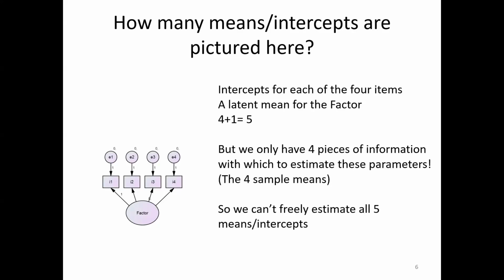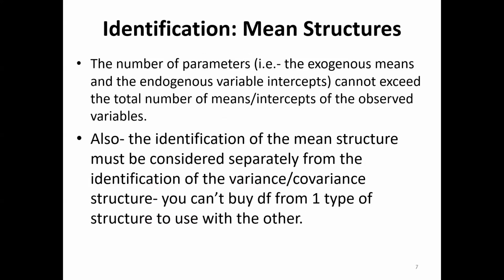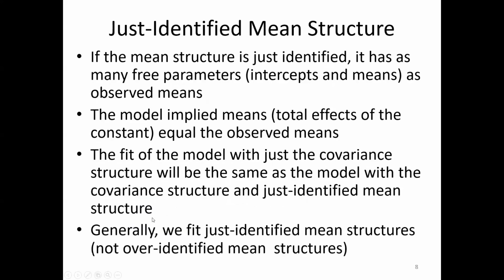And again, I'm just reminding you, you really have to think about the identification of the mean structure separately from the identification of the variance covariance structure. So it doesn't matter if your model has 57 degrees of freedom already. You've got to zoom in on the mean structure and make sure that you're identified in terms of the mean structure.